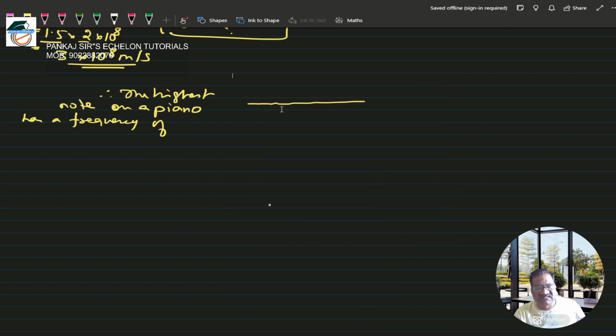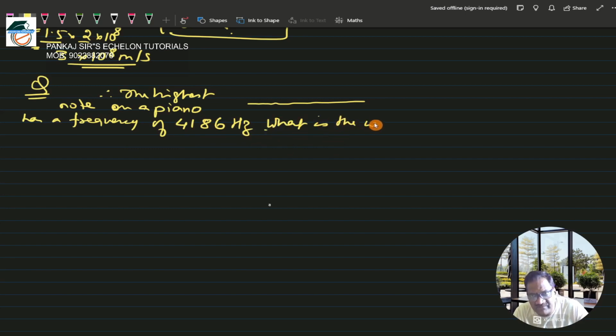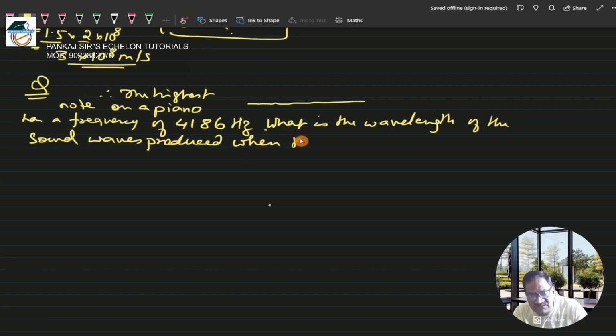Yeah, so this is that question I'm writing for you. Okay, this example: the highest note on a piano has a frequency of 4186 hertz. Then it asks, what is the wavelength of the sound waves produced when this note is played?